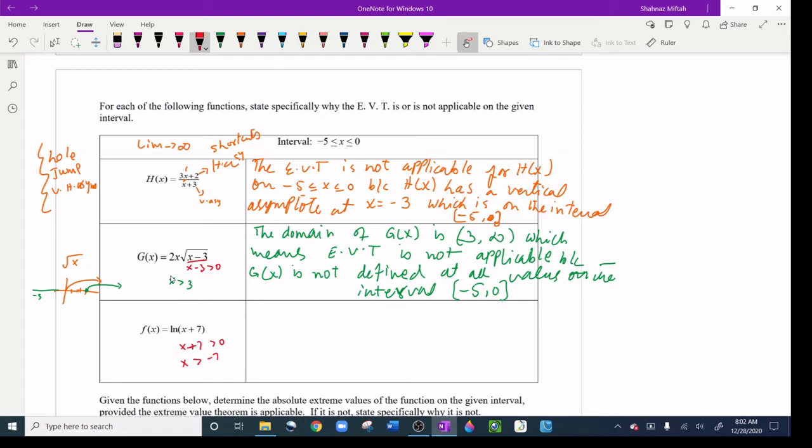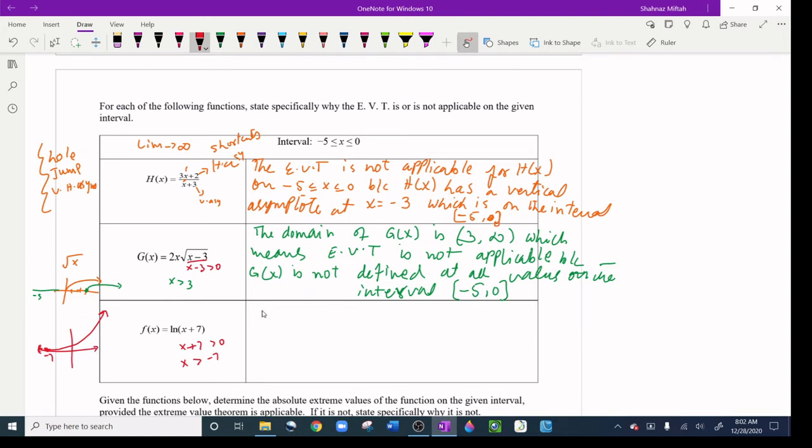It's going from -7 to infinity. This is -7, so it starts here and goes like this, towards infinity. That's the ln graph. I'm starting here at -7, but it's going in this direction.